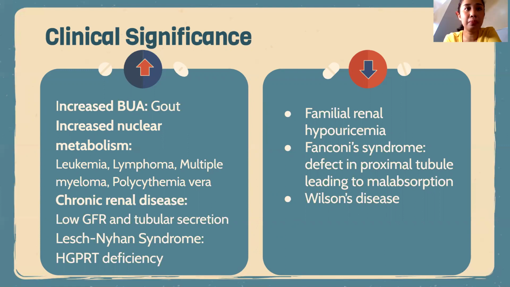What these diseases have in common is abnormal and excess production of cells. Leukemia and lymphoma are blood cancers, and also multiple myeloma. In cancer, there is excess production of abnormal cells.